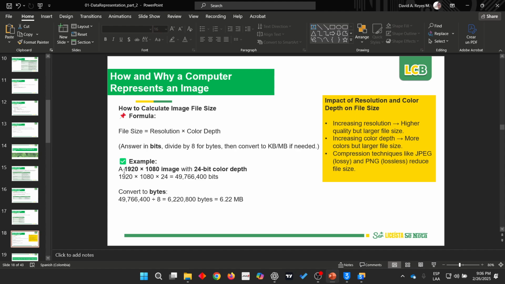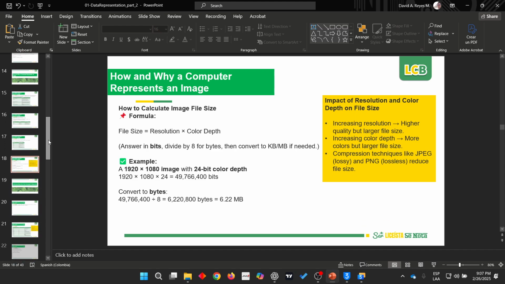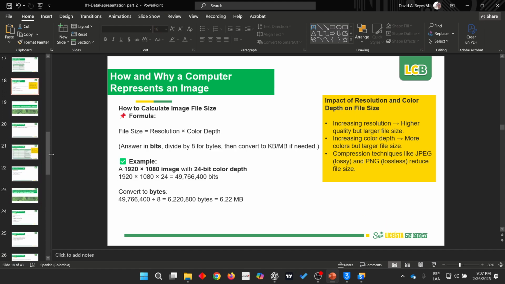So what you must do is just multiply those numbers, and then you have your result in bits. Later I'm going to explain how to convert that measurement to another unit. I apologize if I am pronouncing measurement wrong. That is a word that is so hard for me.